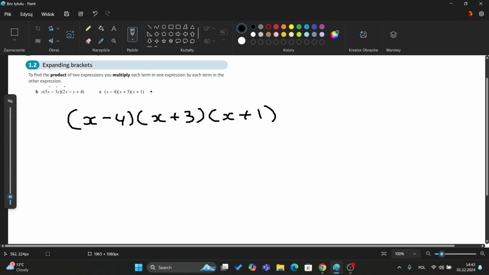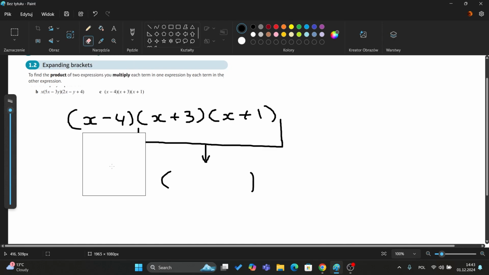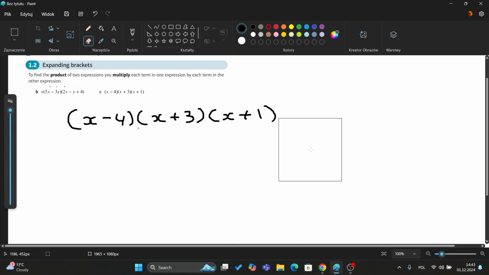It matters that if we do those two brackets first, we drop down the x plus 1 to multiply later by the answer of this one, or we can multiply out this one and then multiply the result by x minus 4 for this one. I'm just going to start from the left hand side, so x minus 4 times x plus 3 is going to be x squared plus 3x minus 4x minus 12.